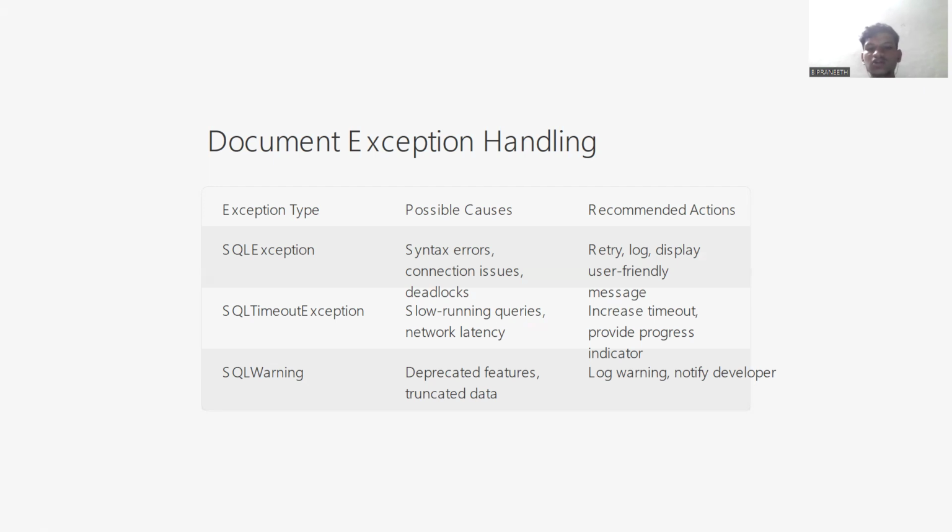Its possible causes are slow-running queries and network latency, and its recommended actions are increase the timeout and provide progress. And the third exception type is SQLWarning. Its possible causes are deprecated features and truncated data, and its recommended actions are log the warning and notify the developer.